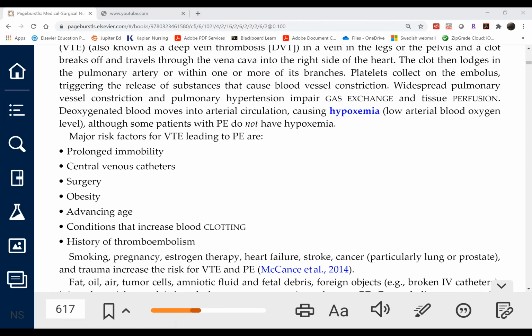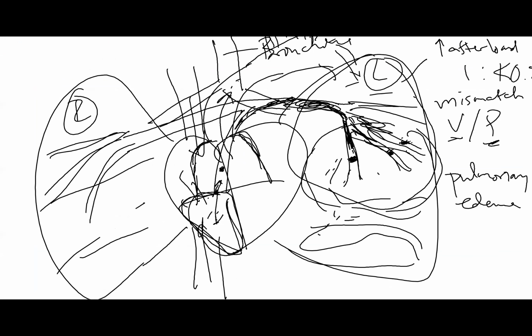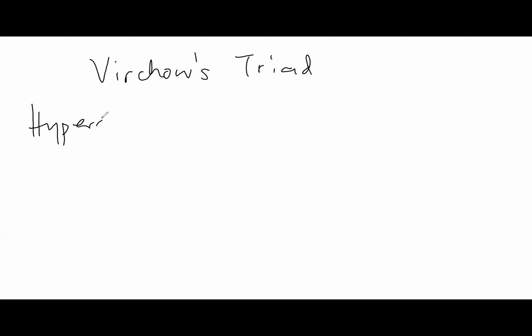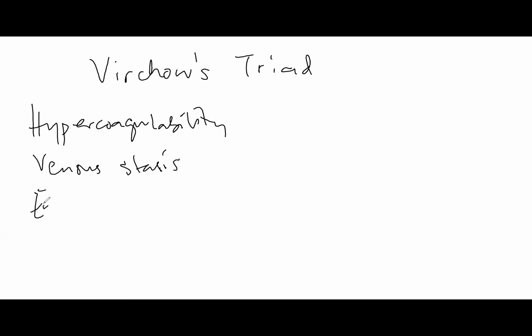So we had 3 conditions that lead to blood clot formation: hypercoagulability, venous stasis, and endothelial injury.